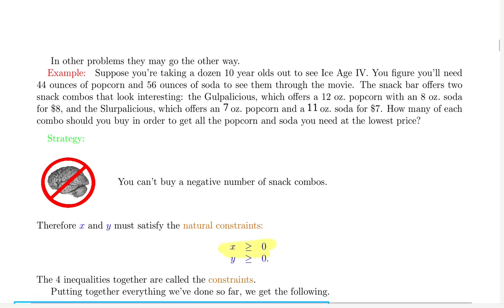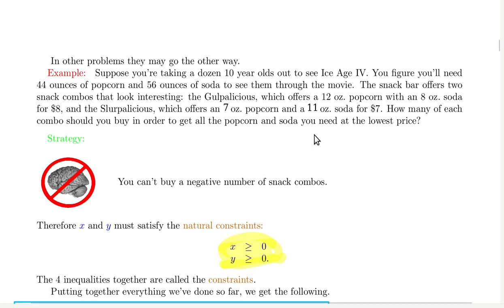So X and Y have to be non-negative. And in fact, that's going to be the case in all the linear programming problems that we'll do. In general, they're real-world problems. The variables represent real-world quantities, so they cannot be negative, right? So X and Y will have to be greater than or equal to 0. And we have to include those as part of the set of formal constraints.